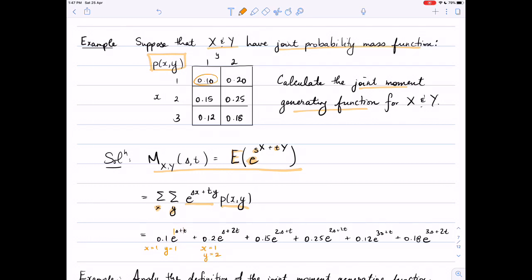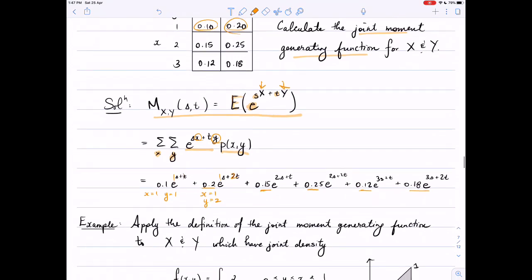P of 1, 2 is there, and the 1 and 2 are the coefficients because the X and Y values become the coefficients, right? There they are. So you continue all the way through, and you will get this as your expression for the joint moment generating function of X and Y.